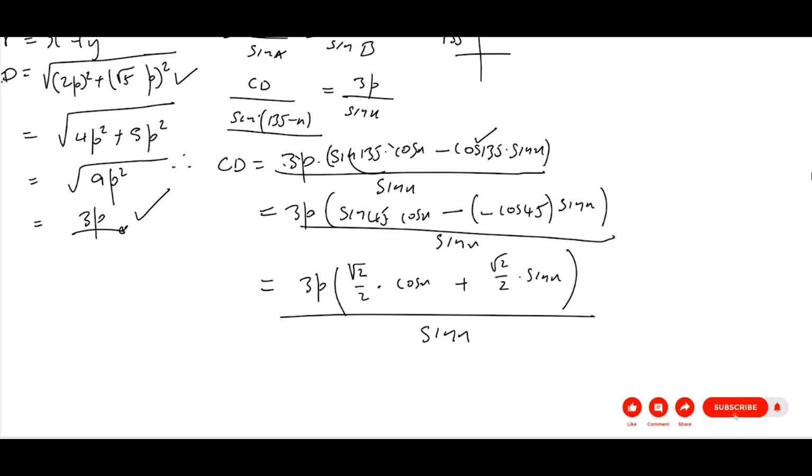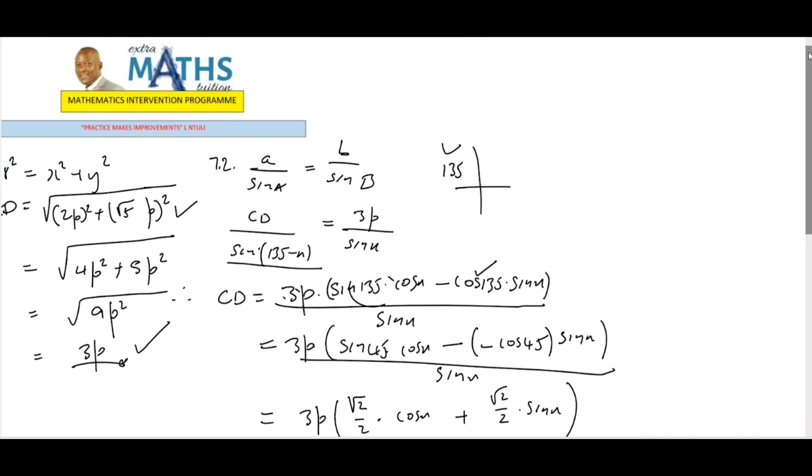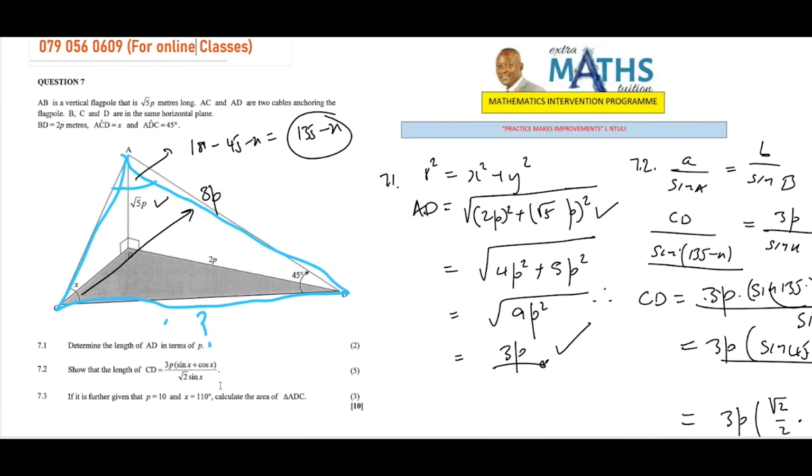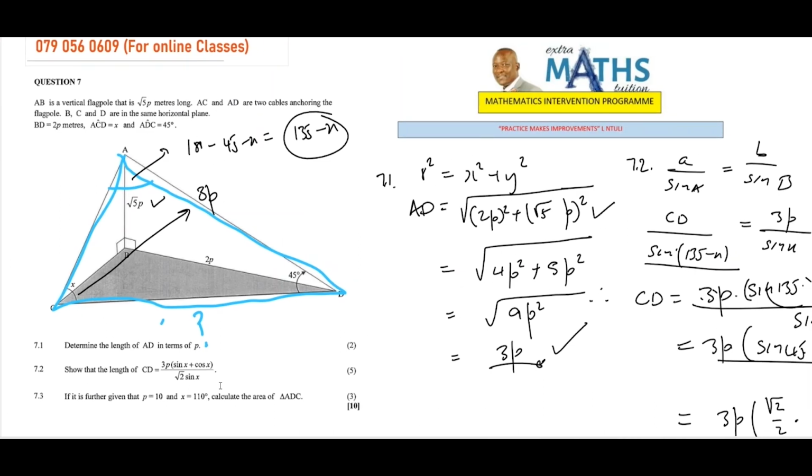Let us check whether we are still answering the question. The question says our answer should be in terms of 3p, sine x plus cos x all over root 2.